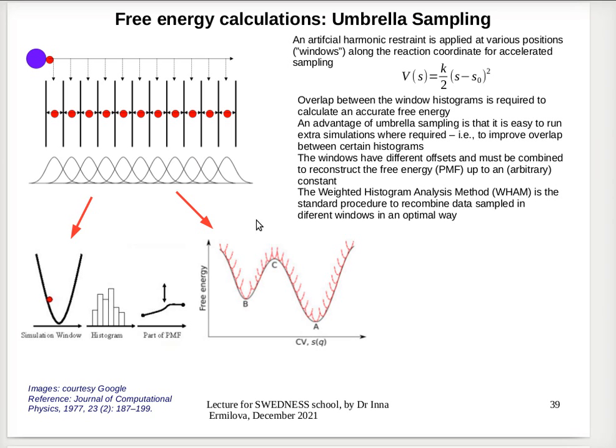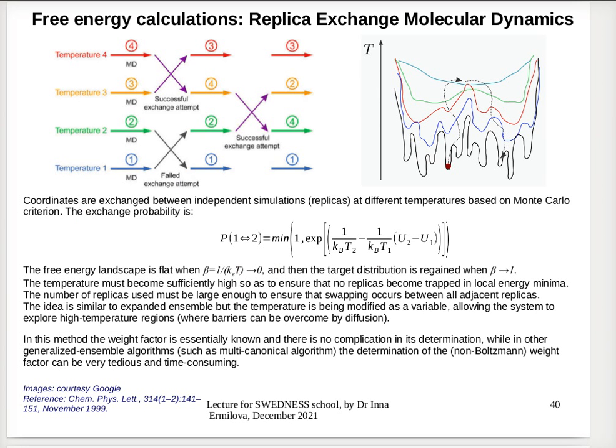In the end, all the simulations build this kind of free energy landscape, or so-called potential of mean force. So in the end you perform a weighted histogram analysis to combine all the sampled data in different windows in the most optimal way.